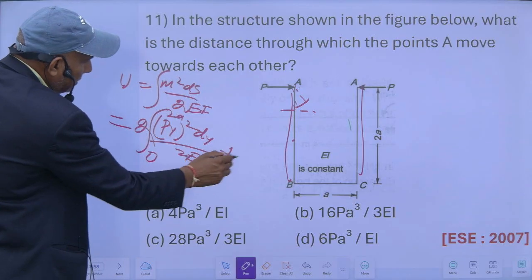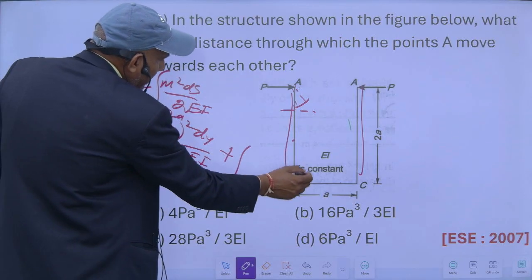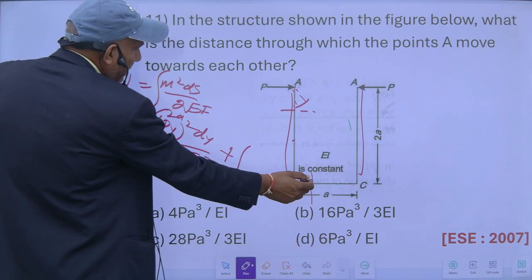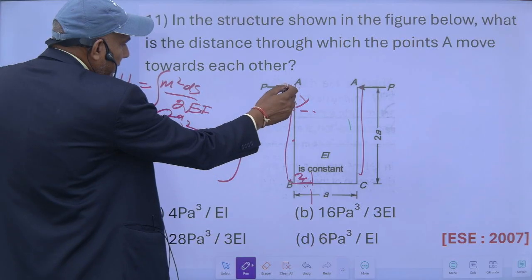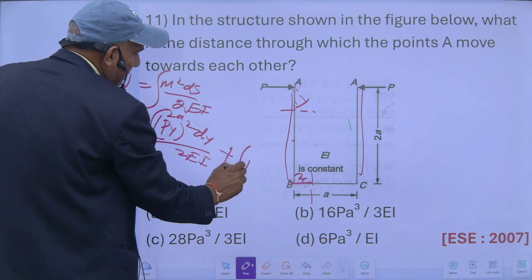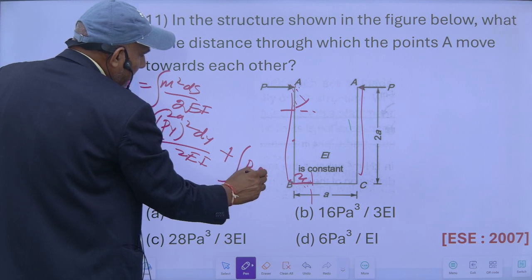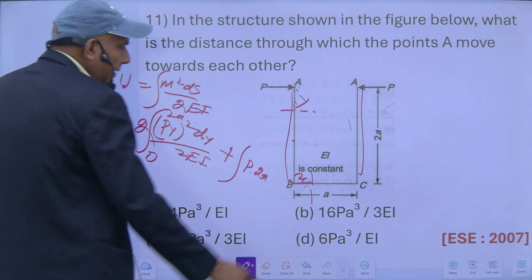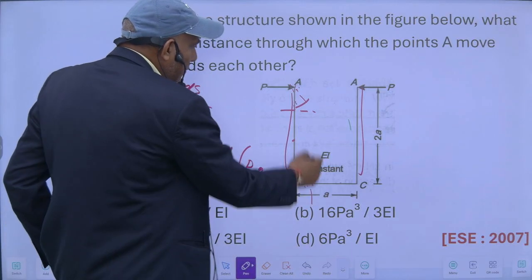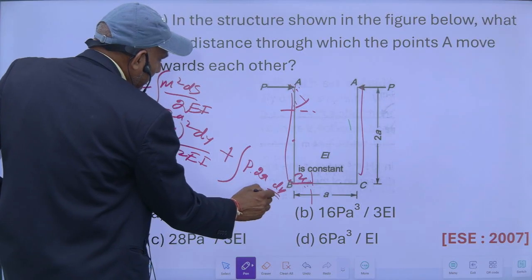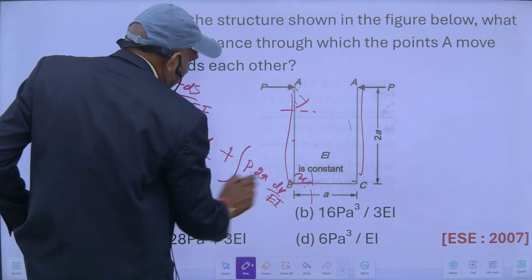For this portion, if I consider this x from here, the bending moment at this point will be P into 2a, and this will remain constant, P into 2a into dx upon EI. I will integrate from 0 to a.